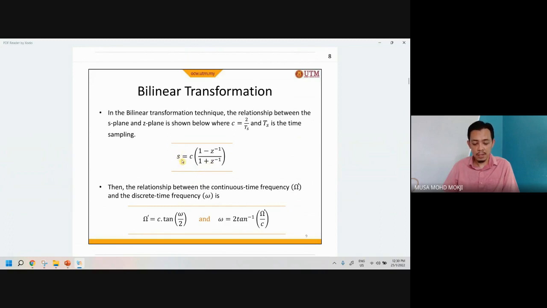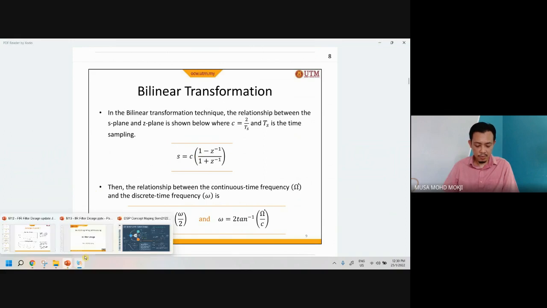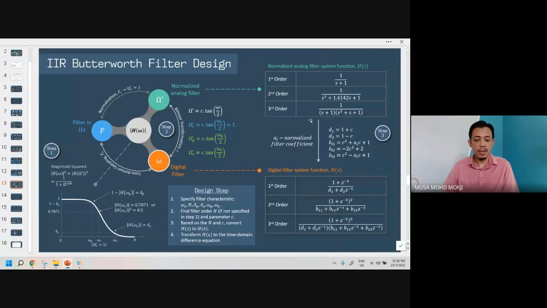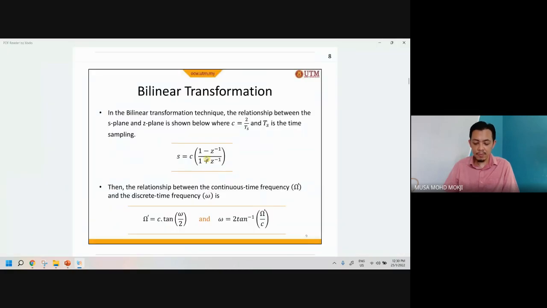So we change every s into z by this relationship. So what is this? This is after doing some simplification. We simplified everything because doing that is actually quite complicated. Changing every s: if it is a second order, you have an s squared, and then there's an s here. If it is a third order, you have an s here, s squared here, and then another s. So if you want to do that one by one, it becomes very complicated maths.